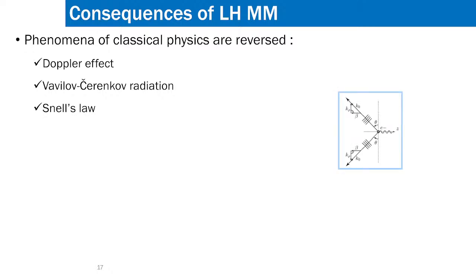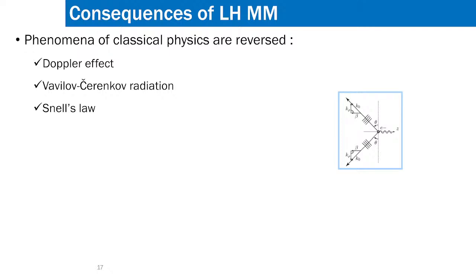Next. Then Snell's law. In Snell's law, if you send a ray of light into the metamaterial or the DNG material, suppose it is incident in quadrant 2, then we expect that the refracted wave will come out in quadrant 4.